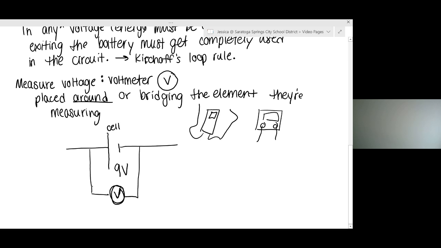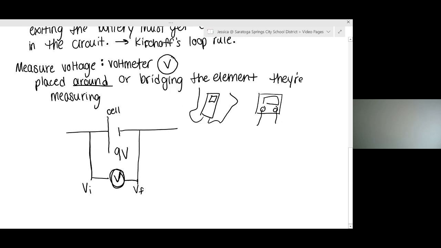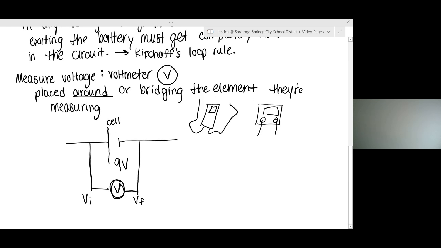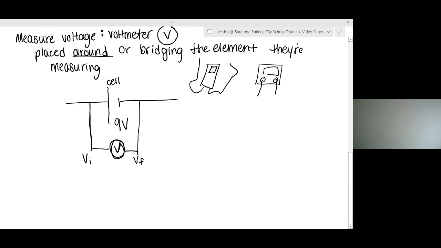One side measures the voltage going into the battery, and one side measures the voltage coming out. And if this circuit conserves energy like it should, V final minus V initial should equal 9 volts, since this is a 9-volt battery.